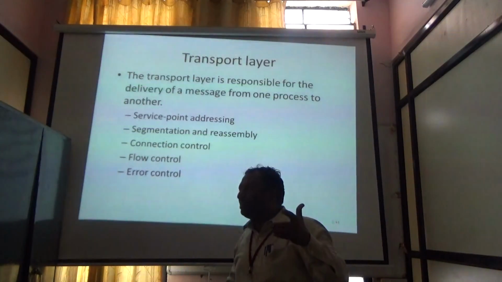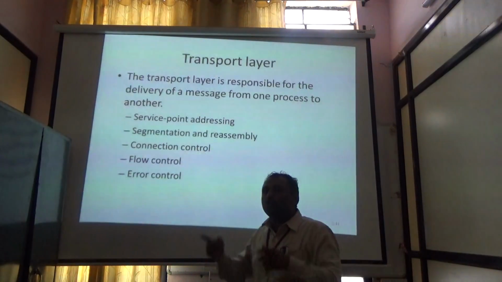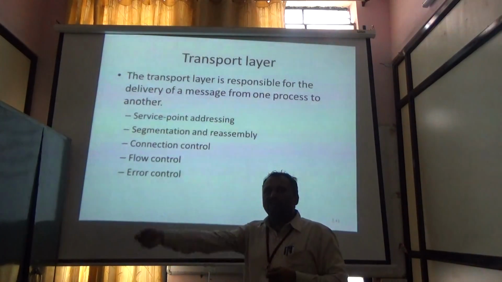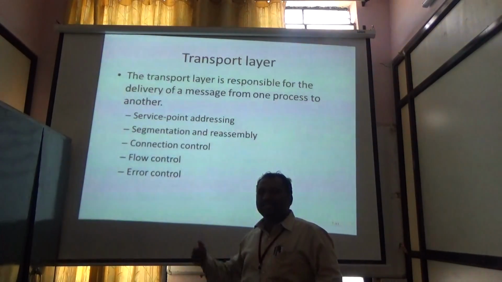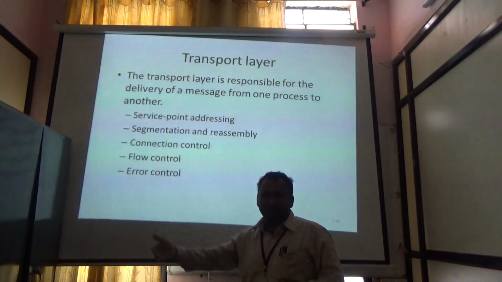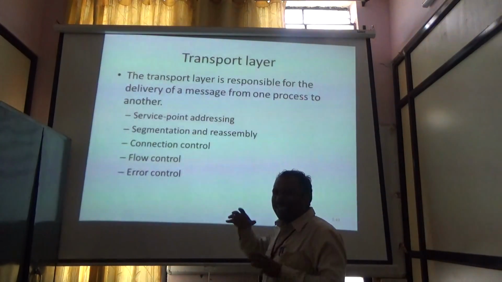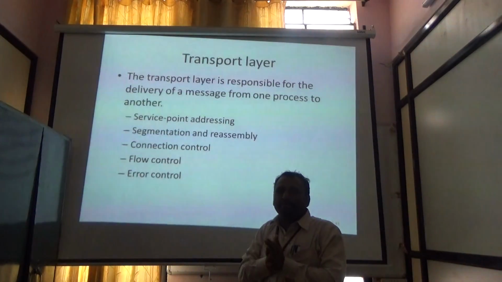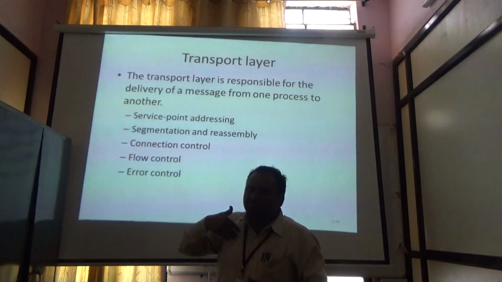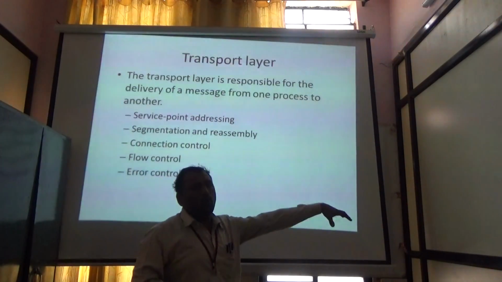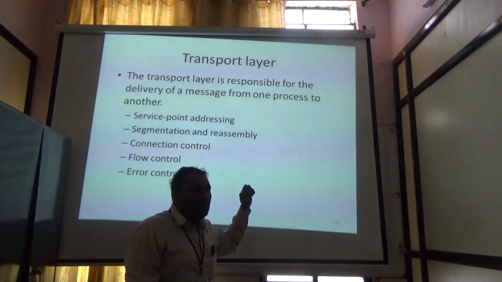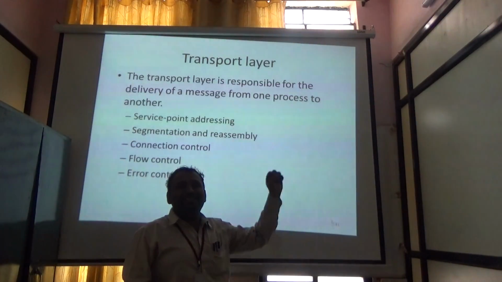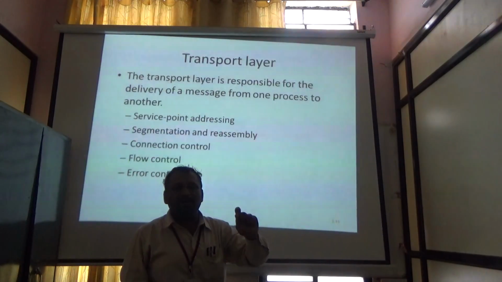These three layers are responsible for host-to-host communication, from one system to another. But the transport layer and the layers above it handle process-to-process communication. That means there may be several processes running on one host and several processes running on another host.